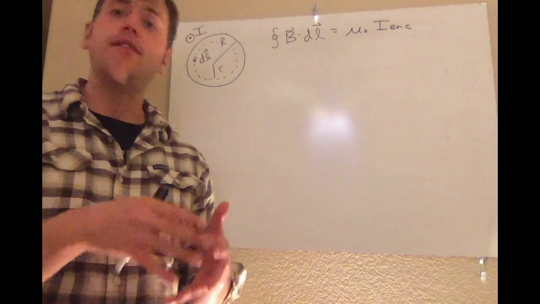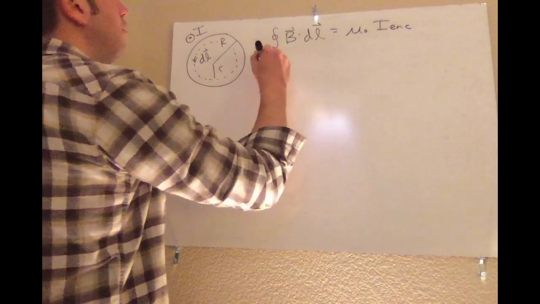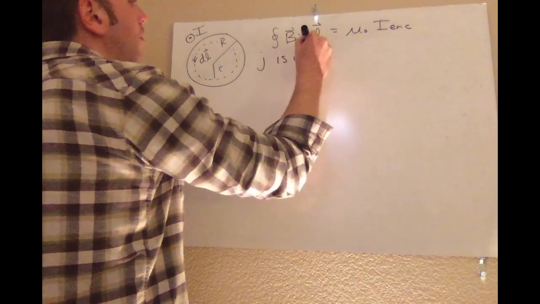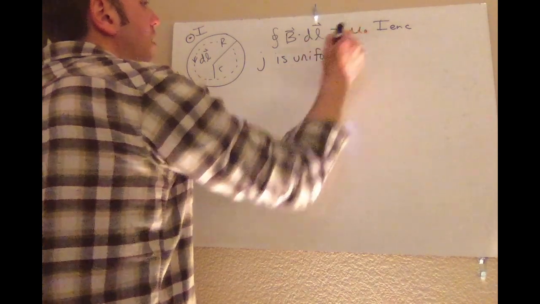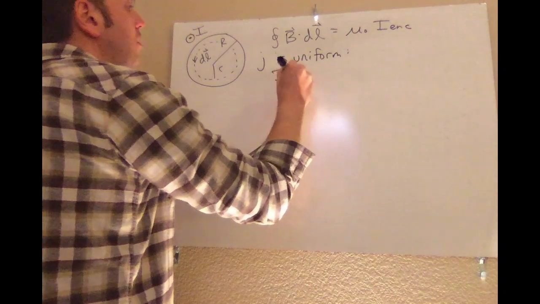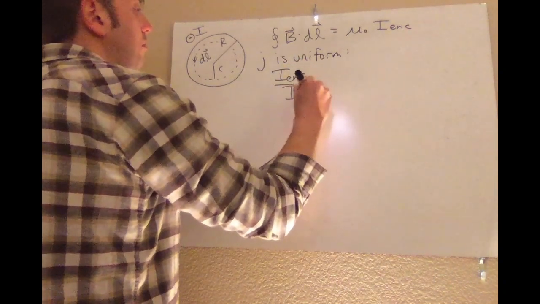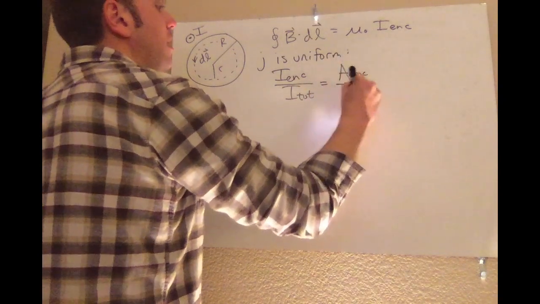That's what it means to have a uniform current density. Okay, because J is uniform, current density is uniform. Because of that, we can state that I enclosed divided by I total is equal to the area enclosed divided by area total.